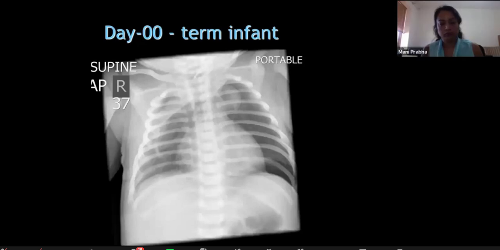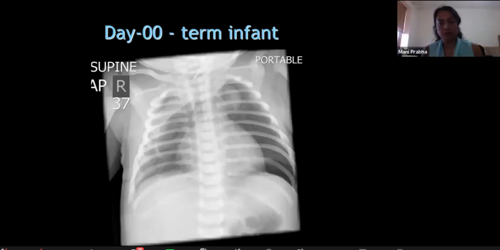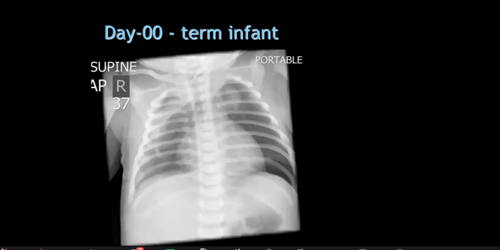I can see lung markings on the right side, but not as well on the left. But there's no mediastinal shift. Sorry, I forgot to mention the NG tube is appropriately sited. That's the only line that I can see. So we've got no mediastinal shift, and we've got a hyperlucent left lung.